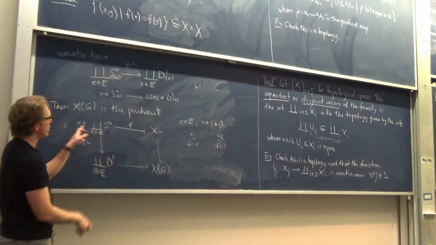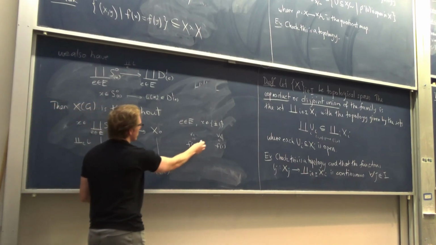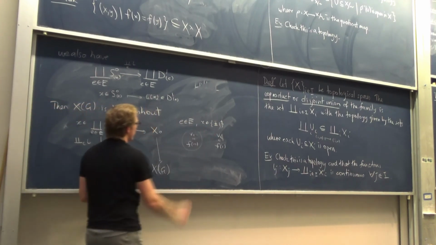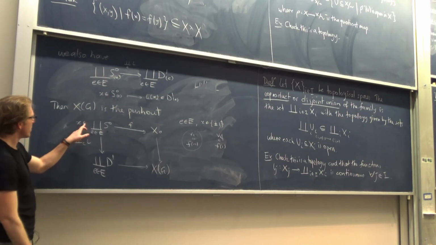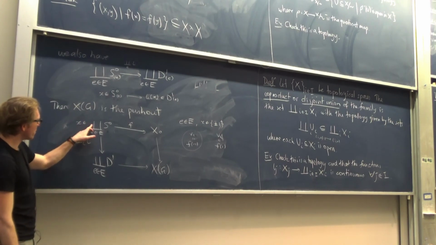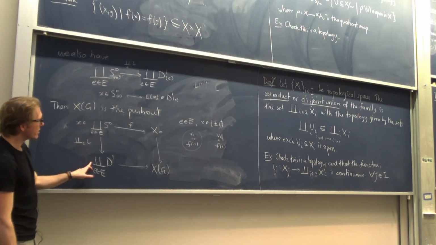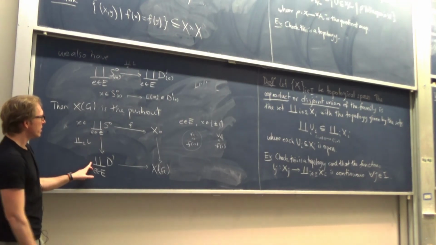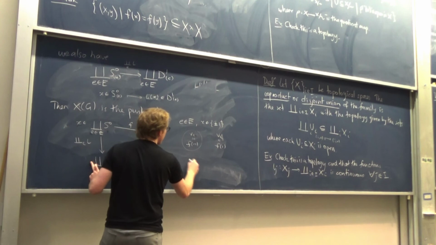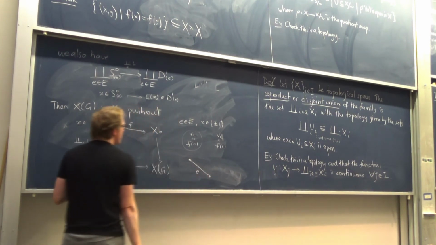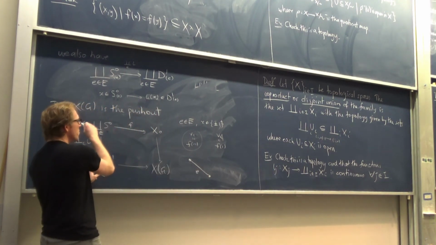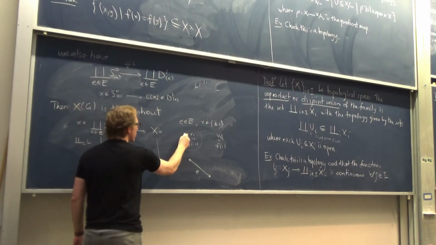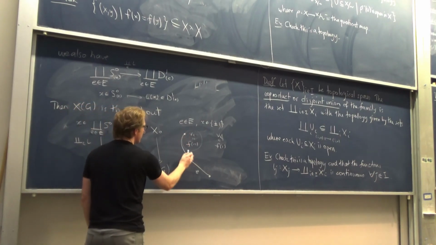So if I took minus 1, I'd get this. And then if I took minus 1 in the copy corresponding to E here, what I'd get is one end of the interval. So here's my interval corresponding to E. The minus 1 case would tell me I need to glue this onto that.